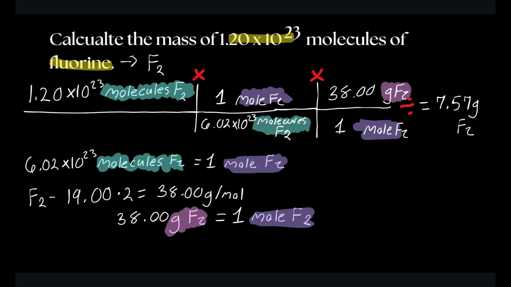We are ending in the grams of our F2, which we know that we're trying to solve for because that is going to be our mass. We need to look at our significant figures. We have 3 significant figures that we're starting off with, and we are also ending in 3 significant figures as well.